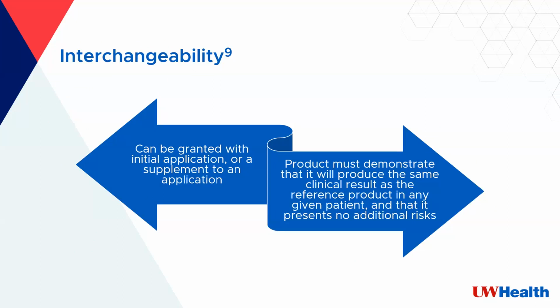And then furthermore, for a biological product that's administered more than once to an individual, so thinking about our products that are administered once a month, once every 3 months, the risk in terms of safety or diminished efficacy of alternating or switching between the use of the biological product and the reference product is not greater than the risk of using the reference product without such alternation.